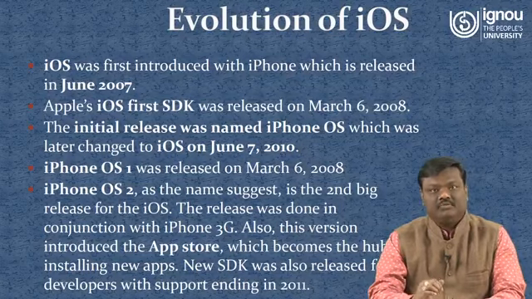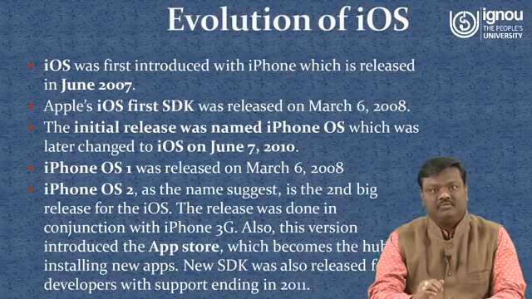However, from iOS 4 onwards, they removed the Apple, and then iOS 5 was released in 2011. iOS 6 was released in 2012, and iOS 7 was released in 2013.